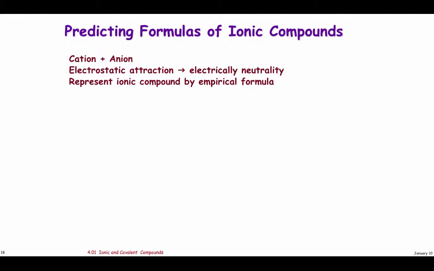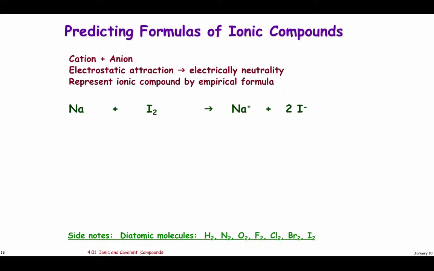What happens when you write down the formula? How can you take the chemicals that combine in a chemical reaction and come up with the correct formula for an ionic compound? Take, for example, sodium, which is written as Na, and iodine. Iodine, as found in nature, is I2. What you don't want to do is write NaI2, because that would be incorrect.